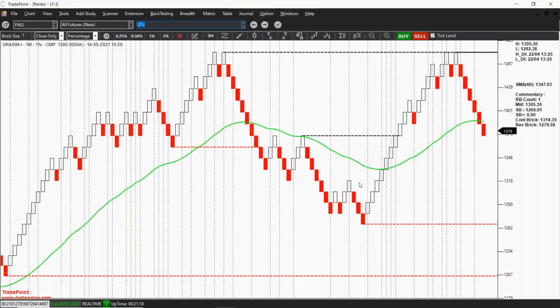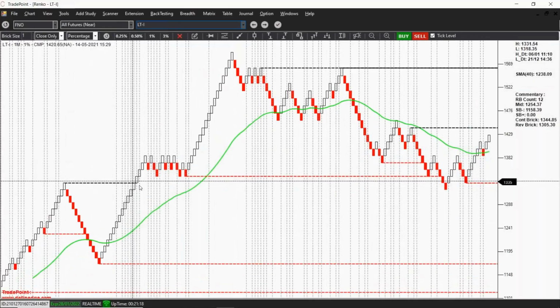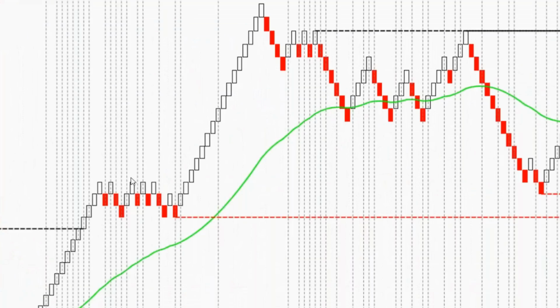LT, see, there was a breakout, then zigzag, and see these few bricks that you look here. There were so many sessions price spent in that area only, right? So stock was in that area only for multiple sessions.